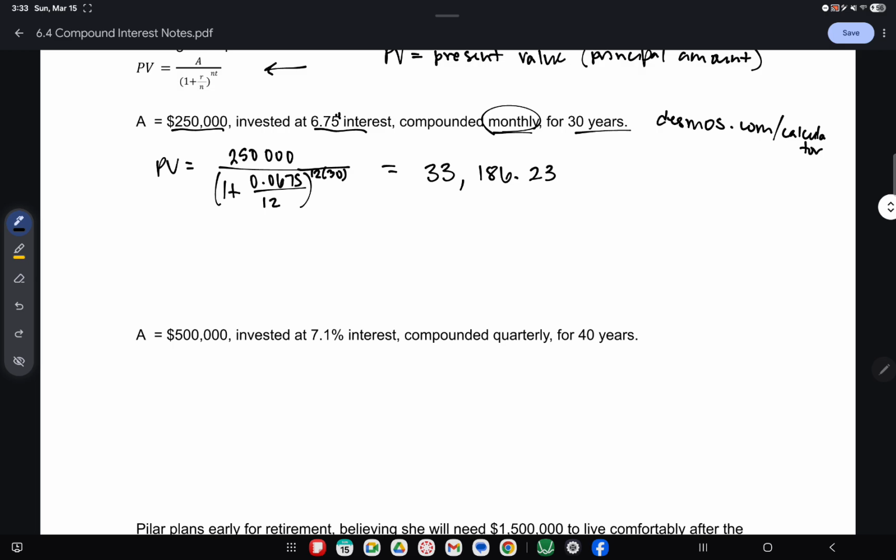All right, 500,000 invested at 7.1% quarterly for 40 years. The present value is that 500,000 over 1 plus 0.071. Quarterly is 4. And then for 40 years. I'm going to go back and just change all those numbers.